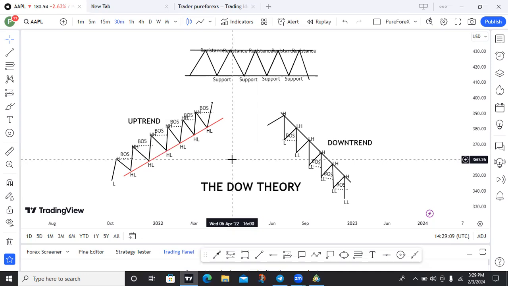When you are using moving average 50, for instance, when the market is below moving average 50, it means the market is in a downtrend. And when the market is above moving average 50, it shows the market is in an uptrend.